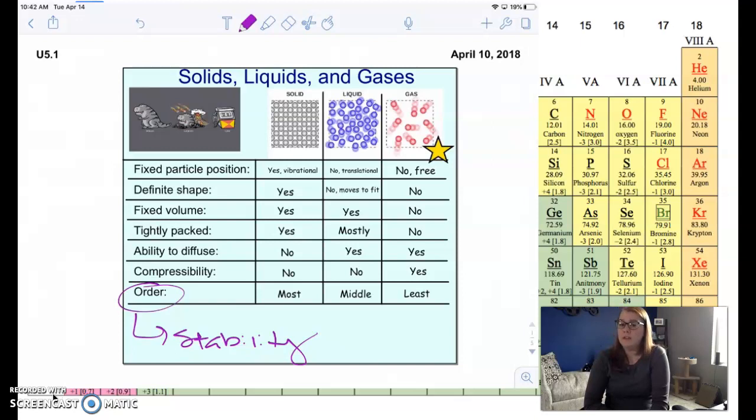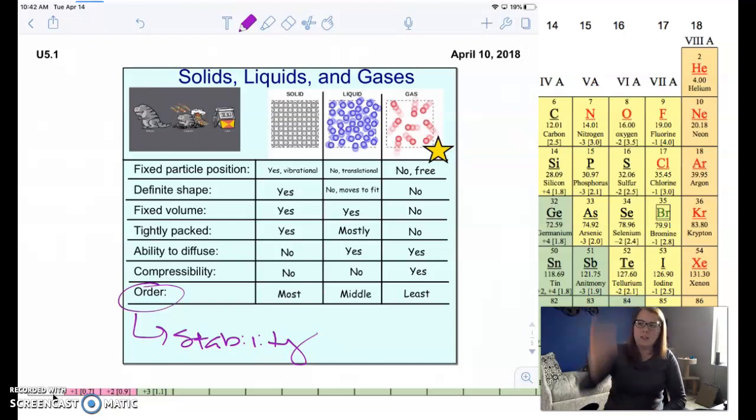You can diffuse things through liquids. That's why if you drop food coloring into a liquid, it'll slowly diffuse throughout the liquid. That's due to the translational movement of the particles that can bring other particles throughout the volume of the liquid. You can't compress a liquid, so you can't make it smaller than it already is. And it has some order, it's got some stability.